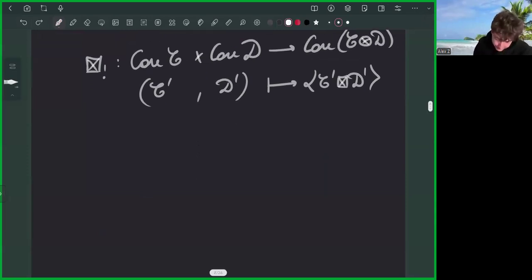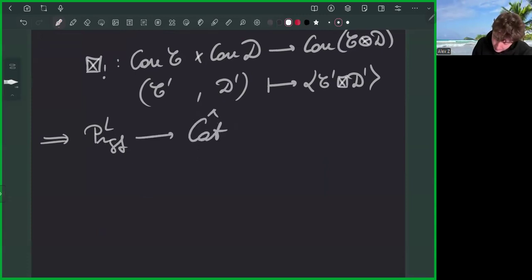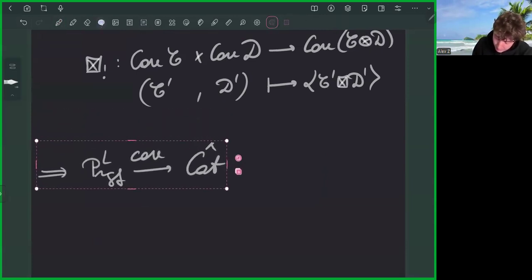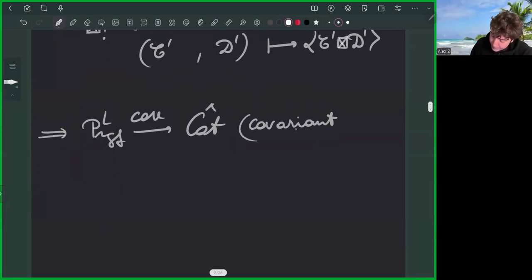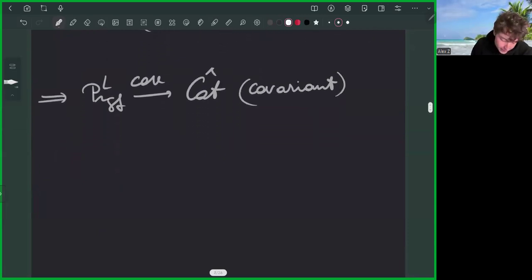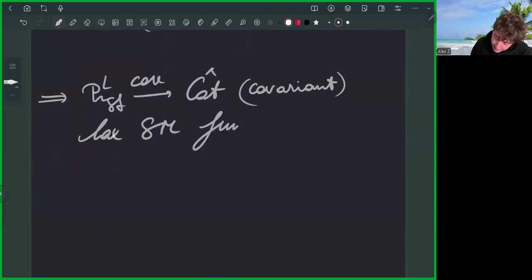And in particular, what this gives you is that this functor that we defined here, namely this core functor, is covariant. So we have to really take the covariant transports. So this is a covariant lax symmetric monoidal functor.